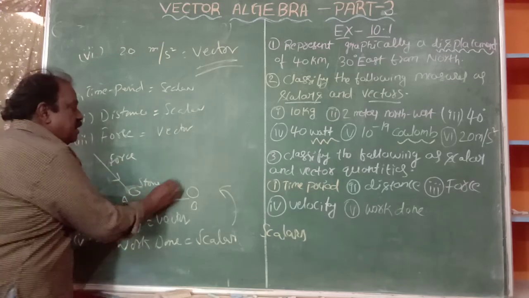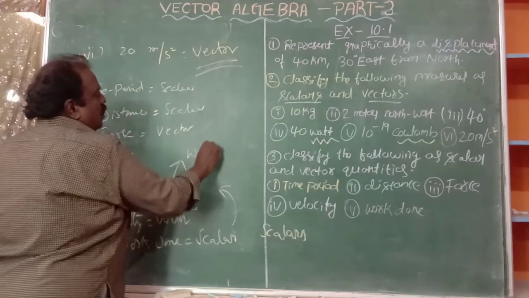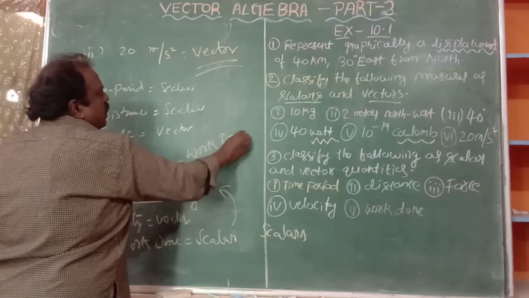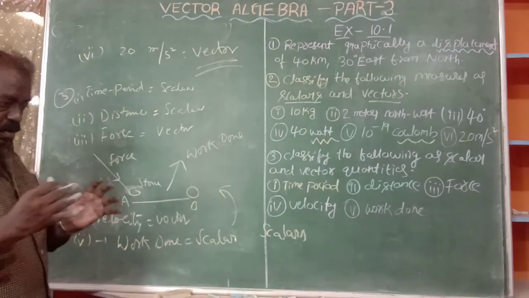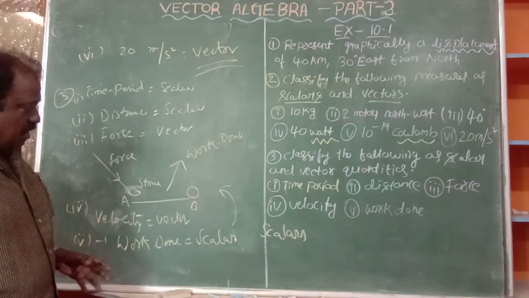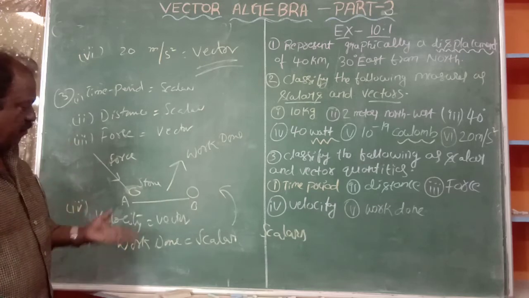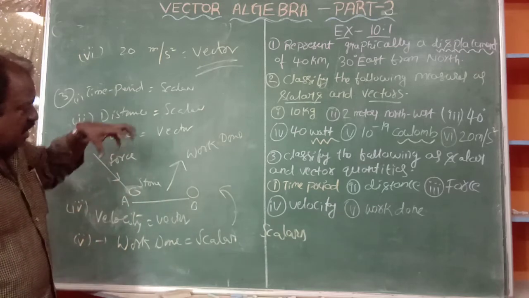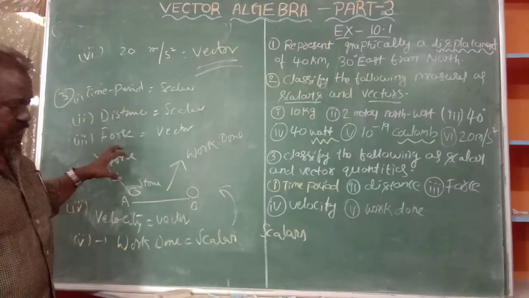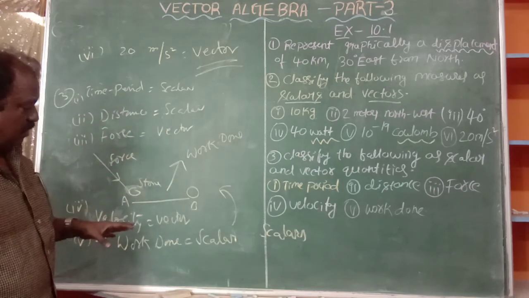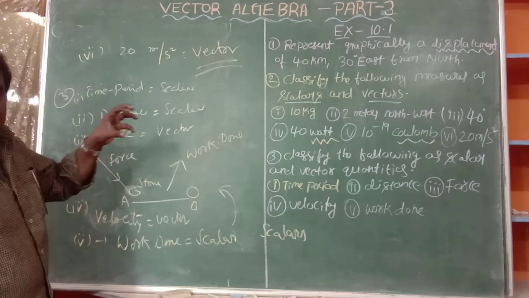Here some work is done. What amount of work is done you can understand easily; in physics it will come. But force from place to place is a different one. Work done is a scalar.